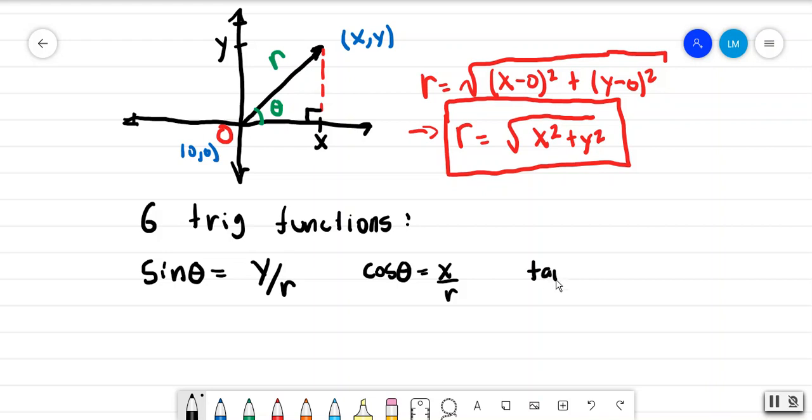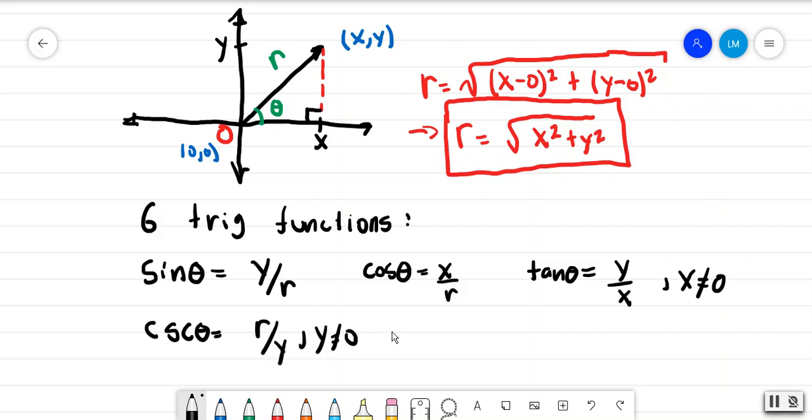Furthermore, we can define the function tangent theta as y over x, but there's a restriction: x cannot be equal to 0. The other functions are what we call the reciprocal functions. So we have cosecant theta equals r over y, where y can't be 0. Then we have secant theta, which is r over x, where x cannot be equal to 0.